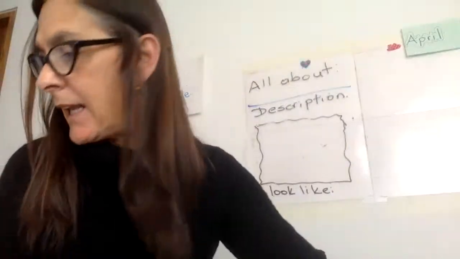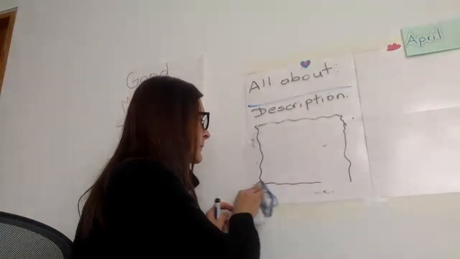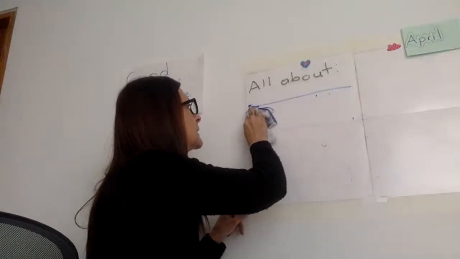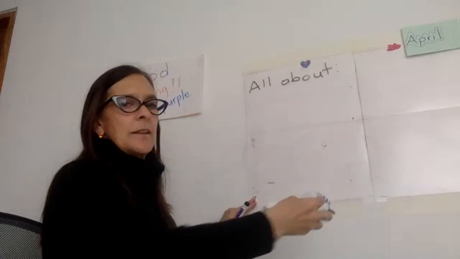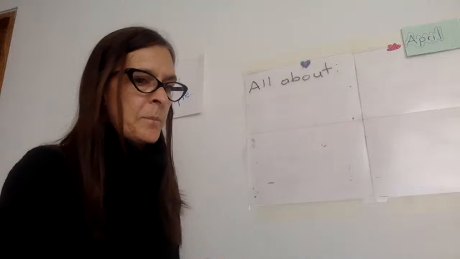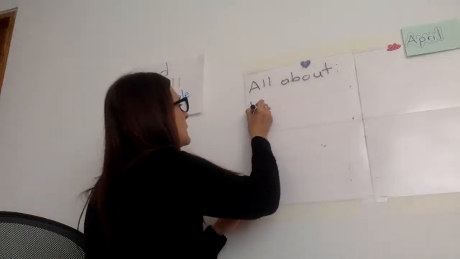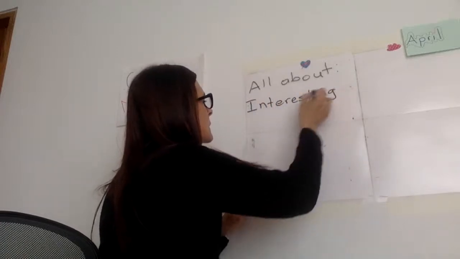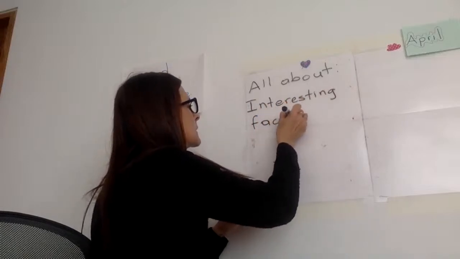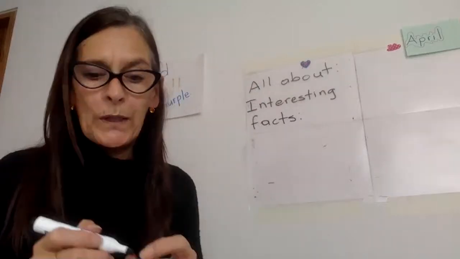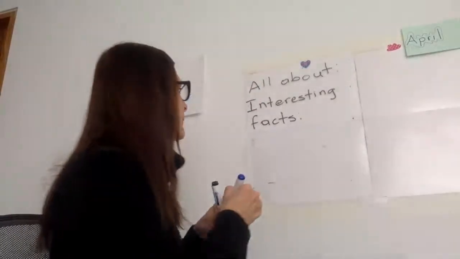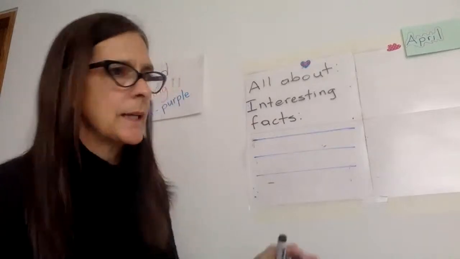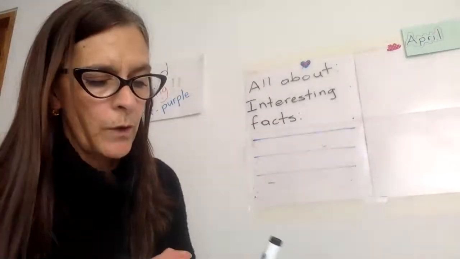So in the last box, we are going to make our box. We are going to write down facts. So what we learn about, 1, 2, 3. You don't have to make the lines. I just wrote the lines because it's easier for me to write down.